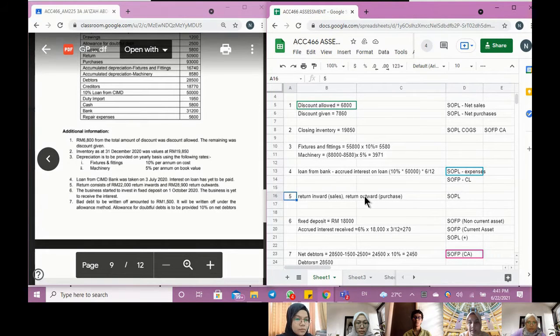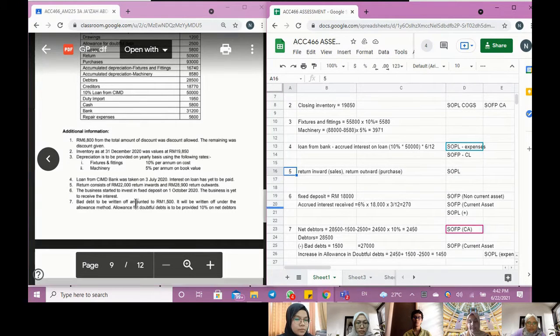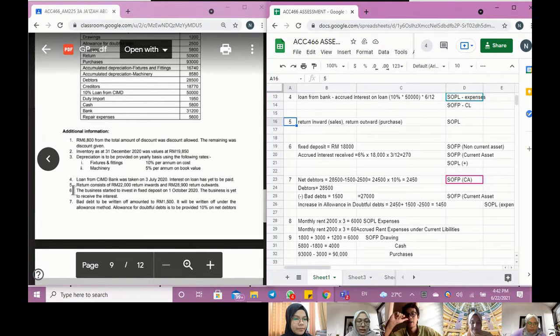Next, I pass to Khadijah. For question number 6, the business started to invest in a fixed deposit on 1st October 2020. The business is yet to receive the interest. So it will affect the statement of financial position, which is under non-current asset, for 18,000.